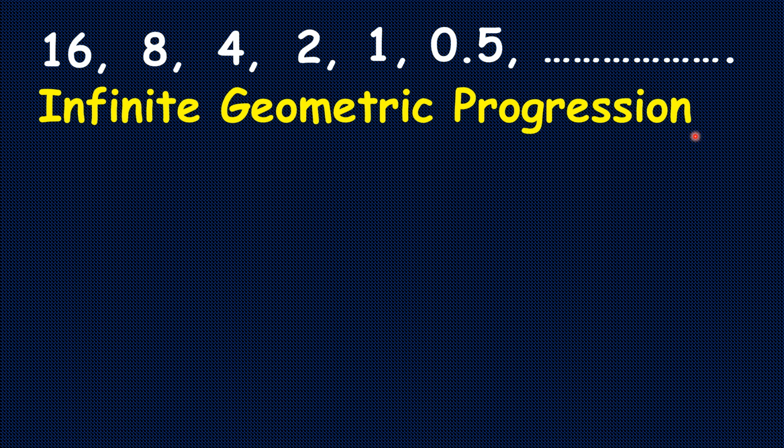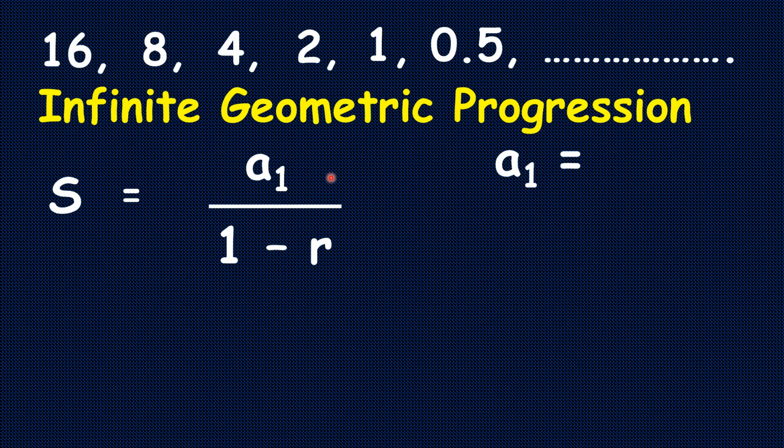Now we want to find the sum of these infinite terms, and that's given by the equation S is equals to A1 over 1 minus R. A1 being the first term here, which is 16, and then R being the common ratio, which we have established as half.